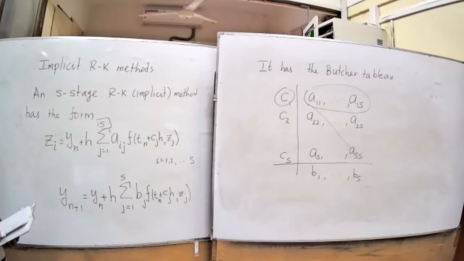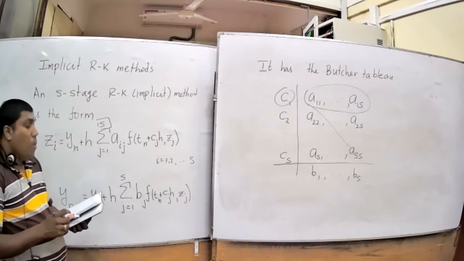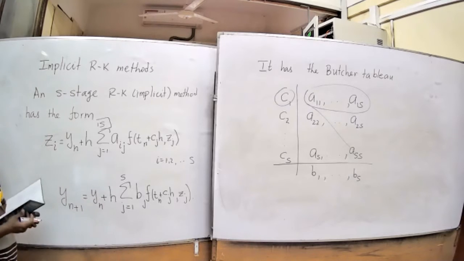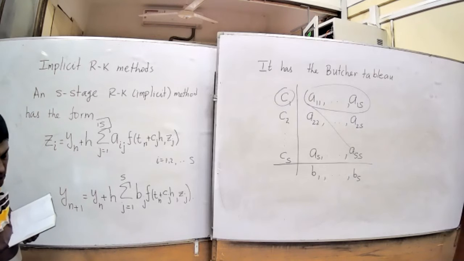So all the slots in this table are filled, right? C1 up to CS, A11 up to ASS, the matrix is filled, and also the B1 up to BS is filled, right? So that's the difference.